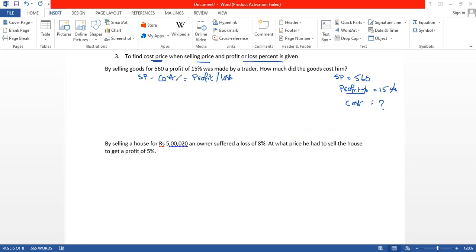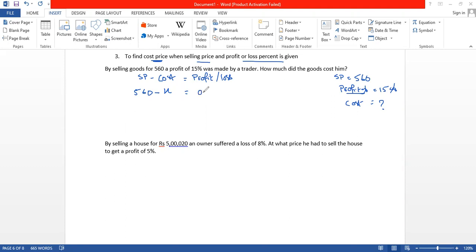So how are we going to solve this? For this, what you can do is you can assume the cost to be X. So we'll keep X over here. The selling price, you know that it is 560. So we can plug in 560 over here. Now the profit or loss, you know that 15% of the cost price is the profit.